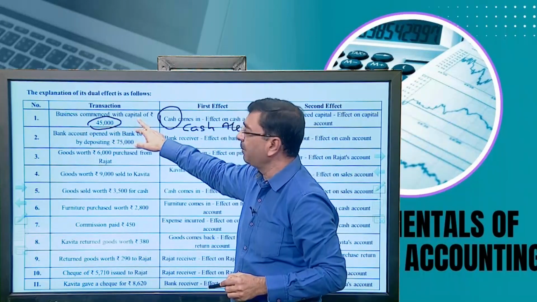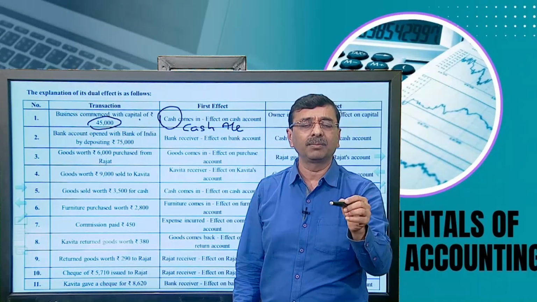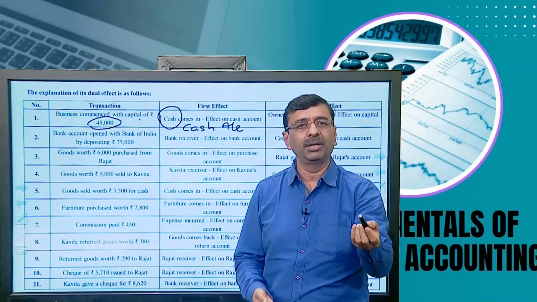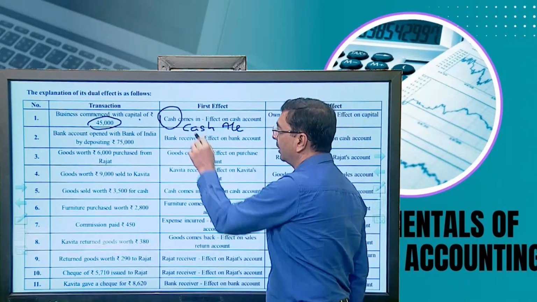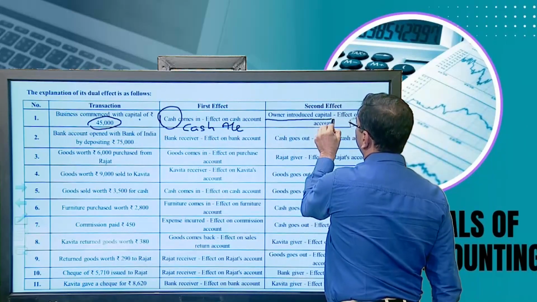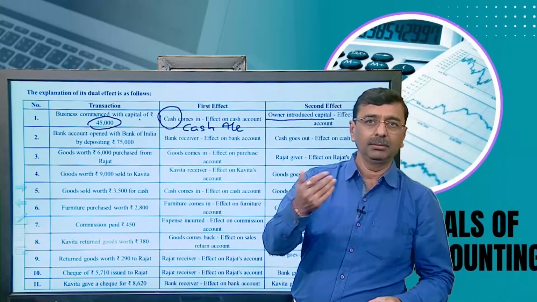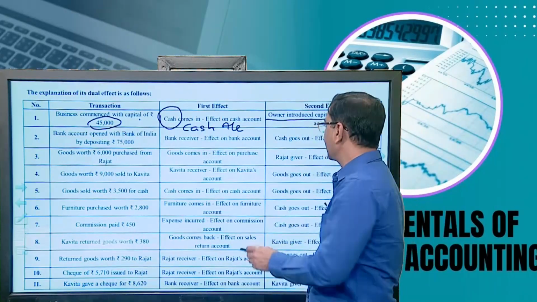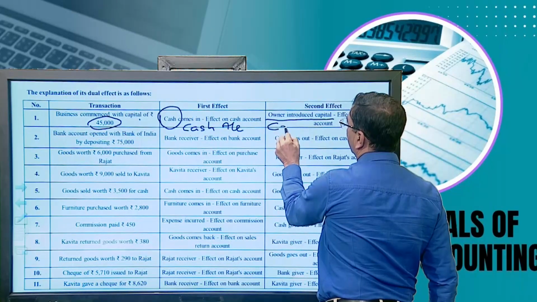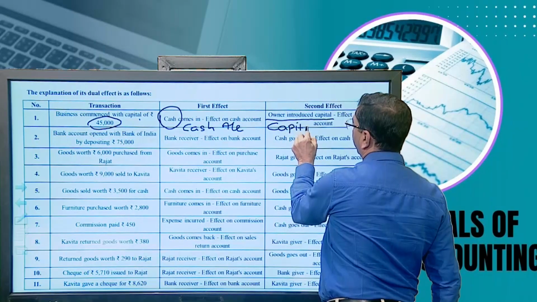And it starts with capital, it means who brought this cash into the business? The owner. If the owner brought cash into the business, it is always in the form of capital. So the second account is the capital account. So there are two accounts: one is the cash account and the second is the capital account.